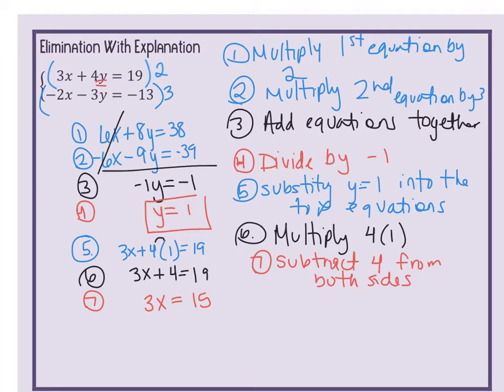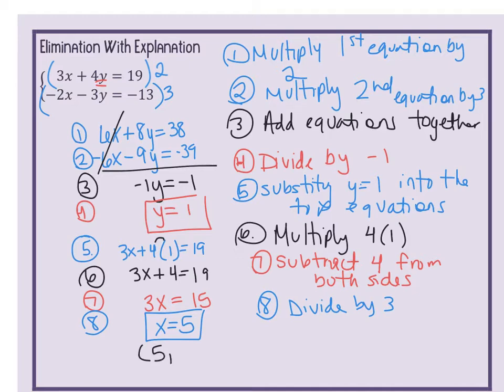The last step for this problem is to divide by 3 on both sides. So when I do that, I get x equals 5. So my answer that I have found is (5, 1). So your final answer is your (x, y).